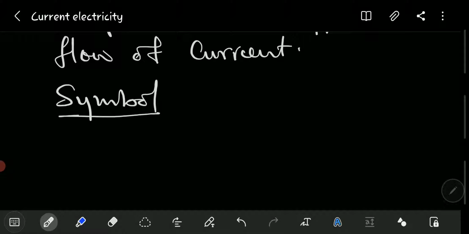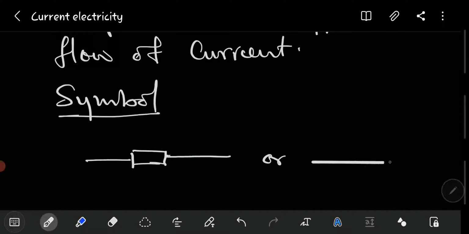So a resistor may be denoted by the following symbols. The first symbol will be a terminal, a rectangular box, another terminal. So this is a resistor.